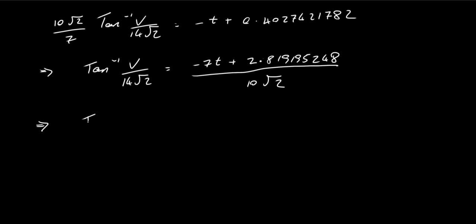Okay, so next thing I'm going to do is just divide 10 root 2 into the minus 7 and the 2.819 and so on. So that leaves me with tan inverse v over 14 root 2 on the left hand side, and on the right hand side you should end up with minus 7 root 2 over 20 t plus 0.199347277.